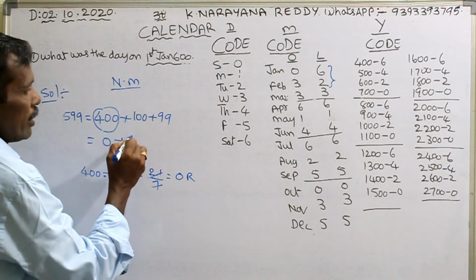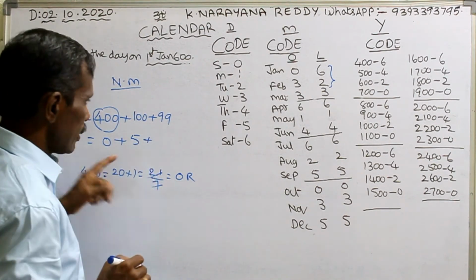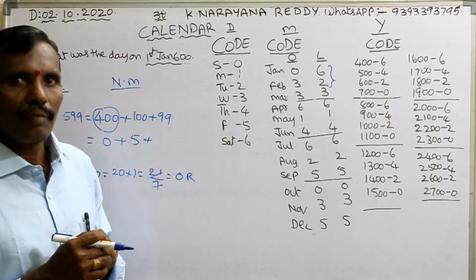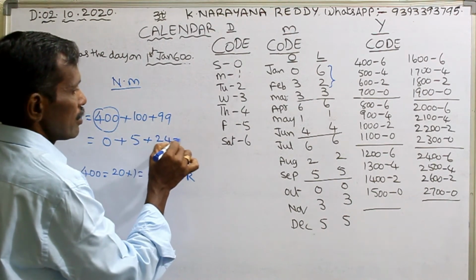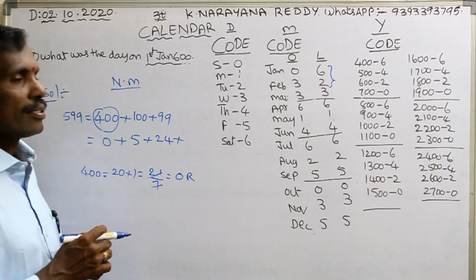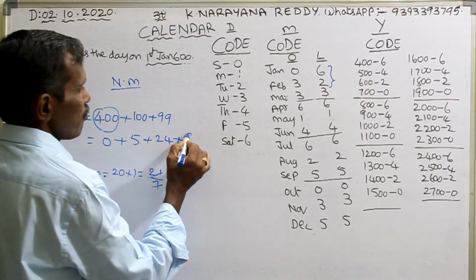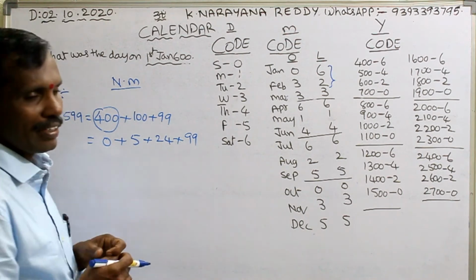Plus 100 years contain 5 odd days, I already told you in the last class. Please observe here, 99 years contain how many leap years? Generally 24 leap years. The remaining 75 are ordinary years, but I have read it in this way. Why? I will tell you.